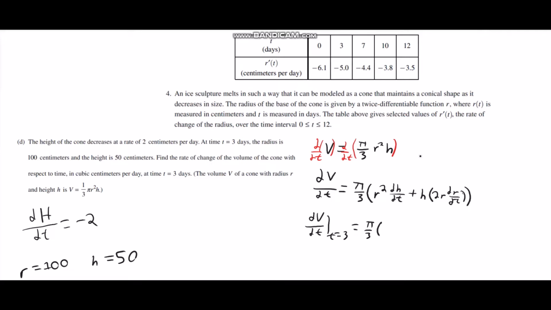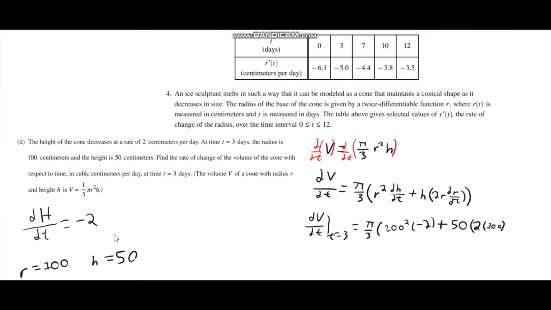R is 100, so we'll have the 100 squared. dH dt is -2. And then plus, we have the h, which is 50. And then we have the 2r, and again, r is 100. And then we have to multiply by dr dt.